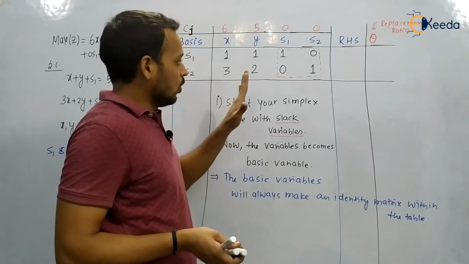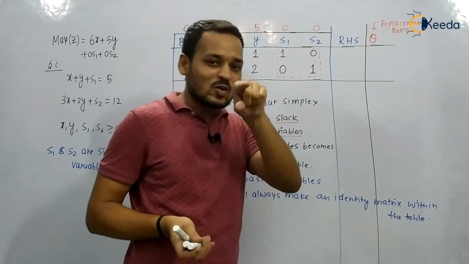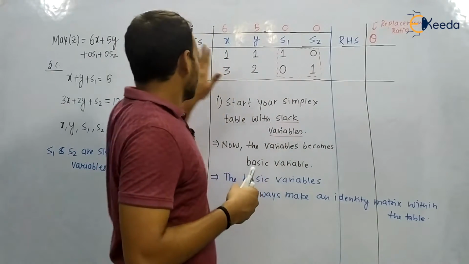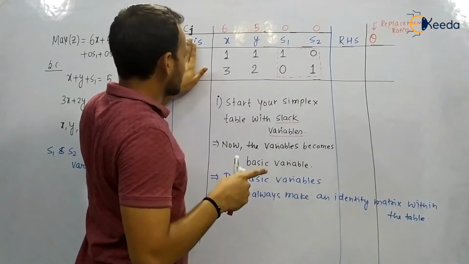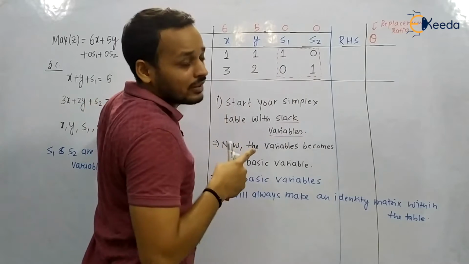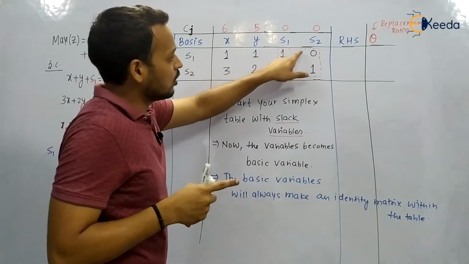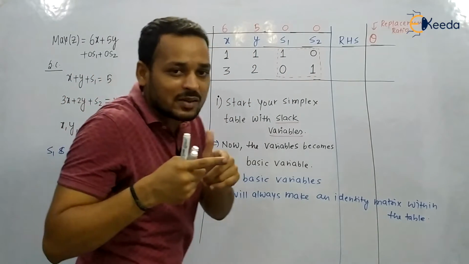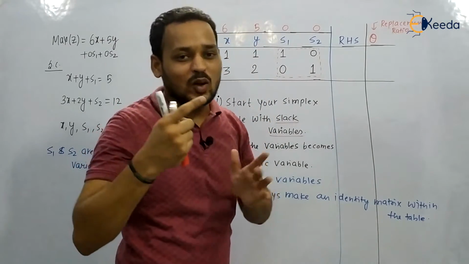You can also define it this way: first you write the coefficients from the constraints, and the variables which make the identity matrix are known as basic variables. So s1 and s2 are basic variables, and the other variables, x and y, are left, so these become non-basic variables.